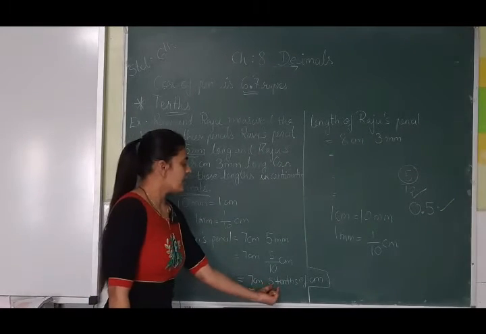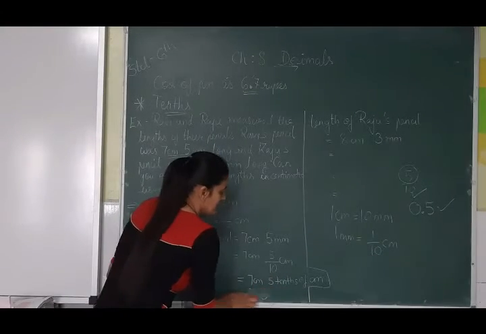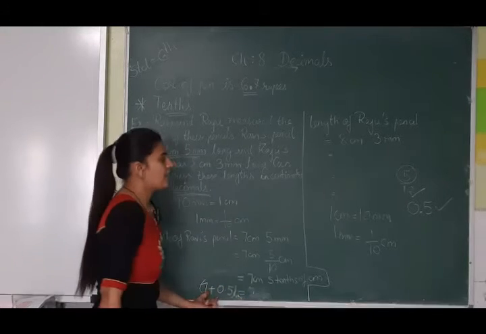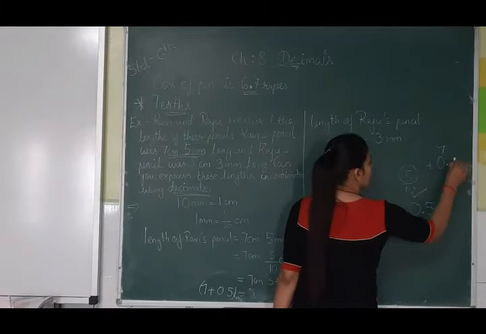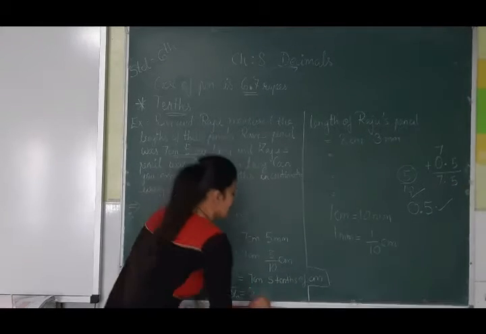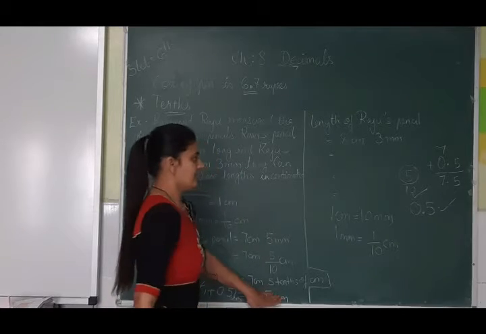So here 5 tenths of a centimeter can be written as 7 plus 0.5 centimeter. If we add 7 plus 0.5, then it will be 7.5. So at last it will be 7.5 centimeter.